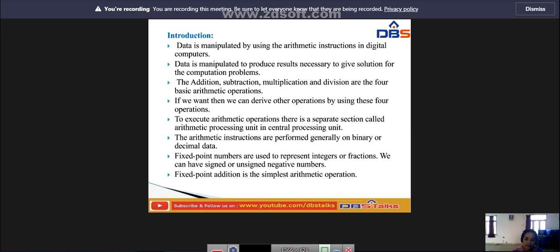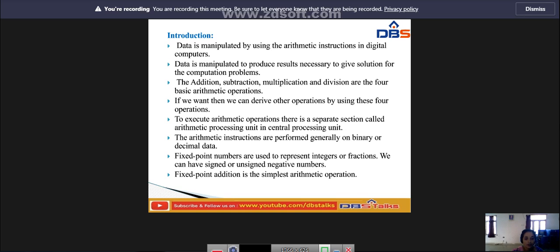Data is manipulated to produce the results necessary to give solutions for computational problems. Computational problems means sometimes small equations can be solved by the user, but complex problems cannot be solved by the user.